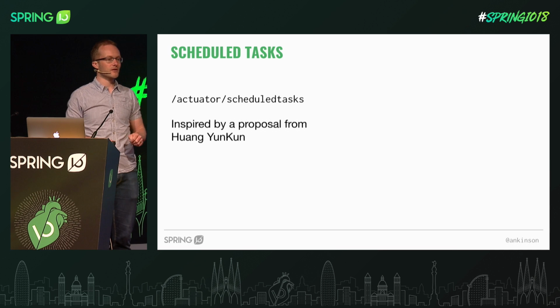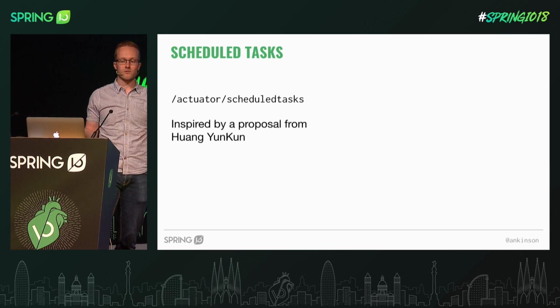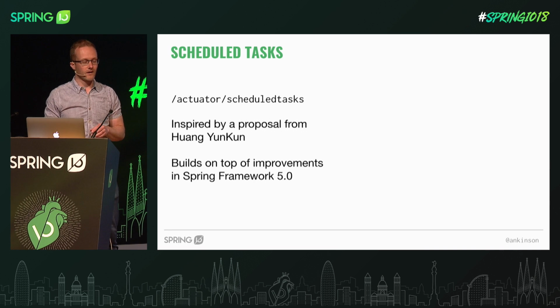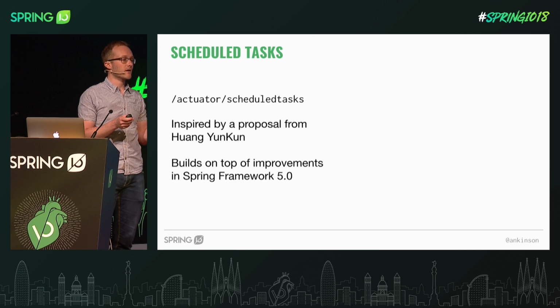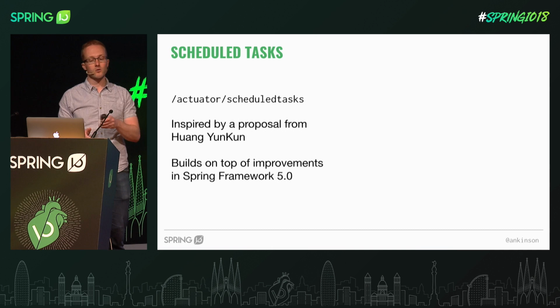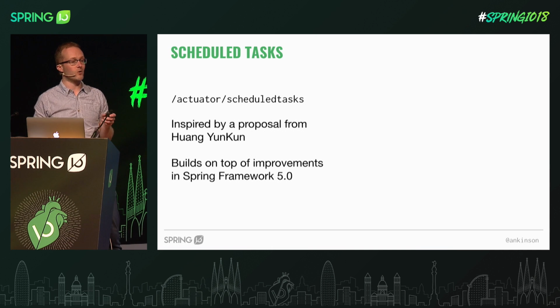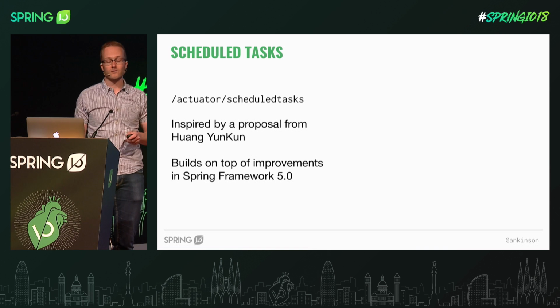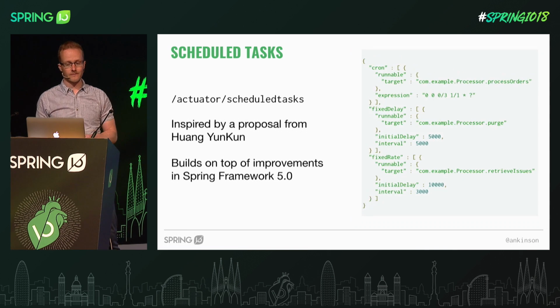So while their idea was hugely useful to us, unfortunately we didn't use the code, but it not only inspired the endpoint that ended up in Spring Boot, but it also inspired some improvements in Spring Framework that made it easier for us to introspect the information about what scheduled tasks you've got running in your application.